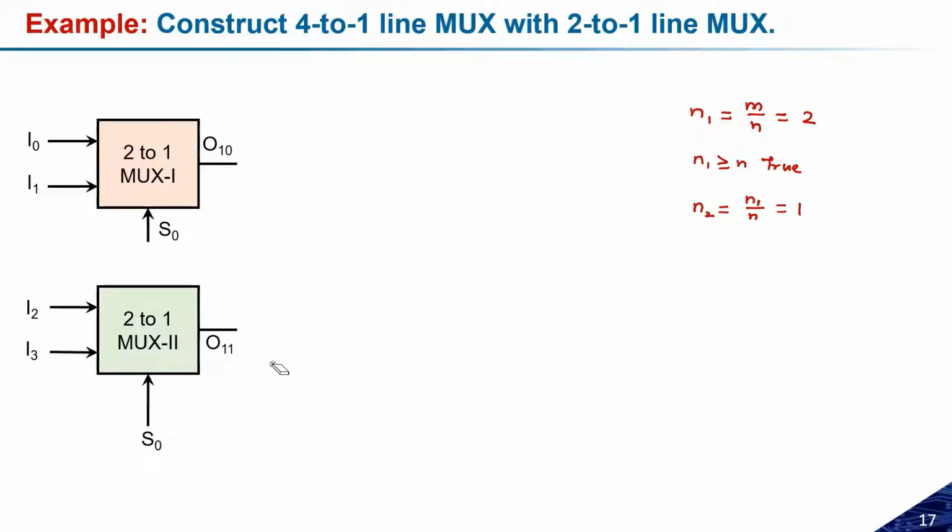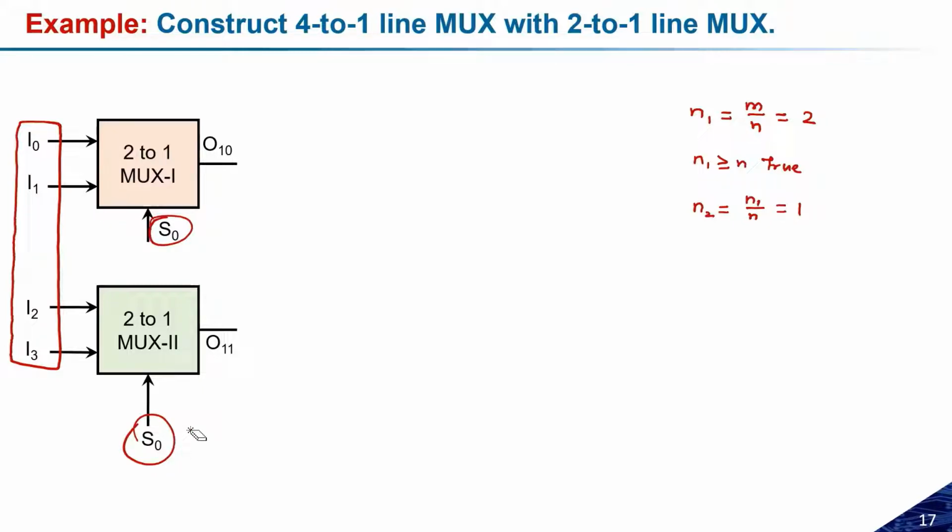Now can anyone tell me how we can connect this to get the 4 inputs? So see here, we got the 4 inputs over here. Now we have one more thing that can control the operation of this multiplexer, and that is this control signal.